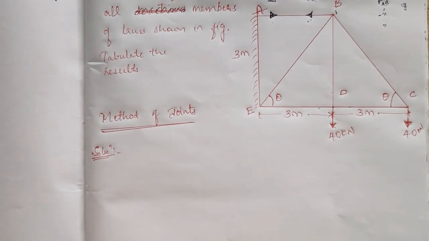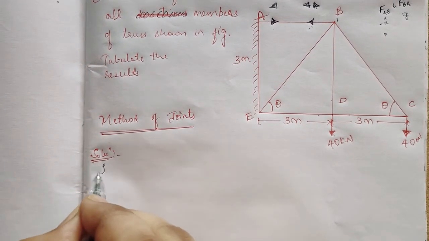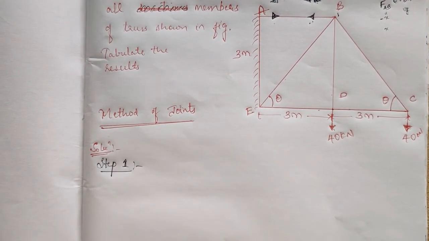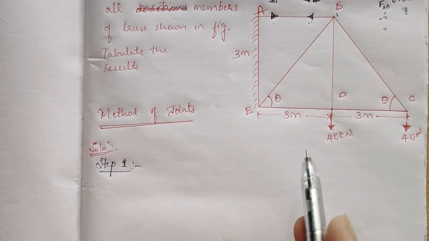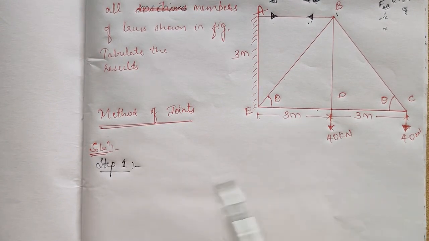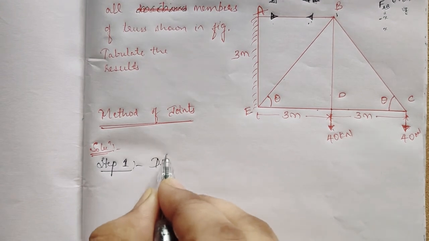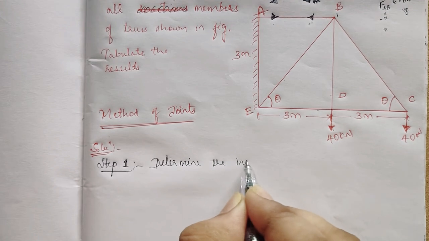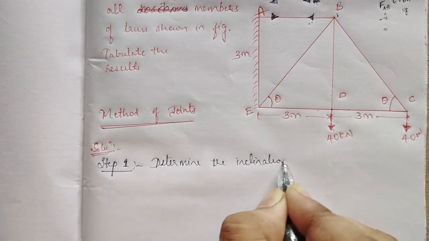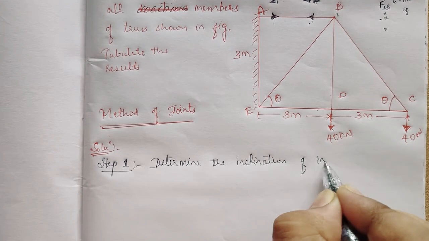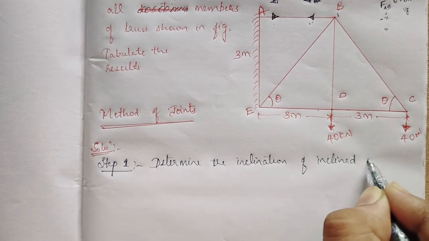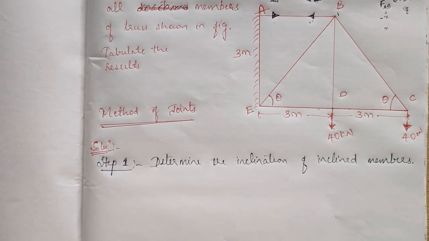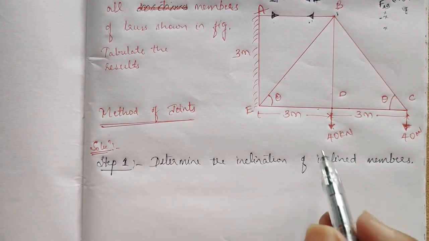Step 1: we have to find theta, because we must determine the inclination of all the inclined members.